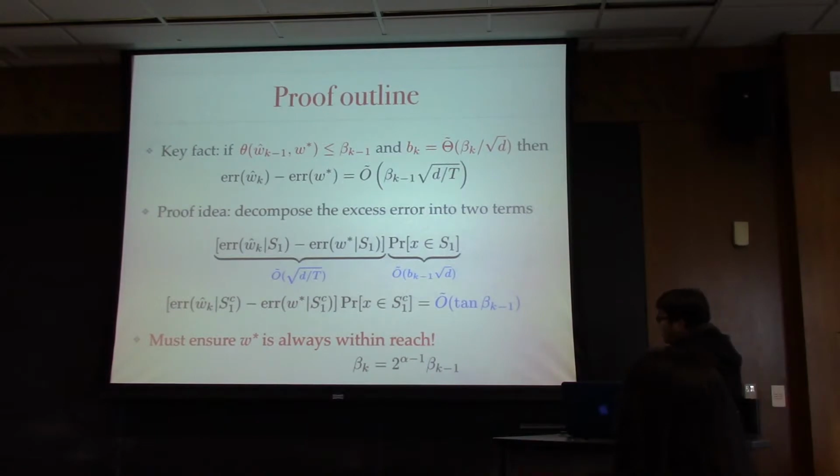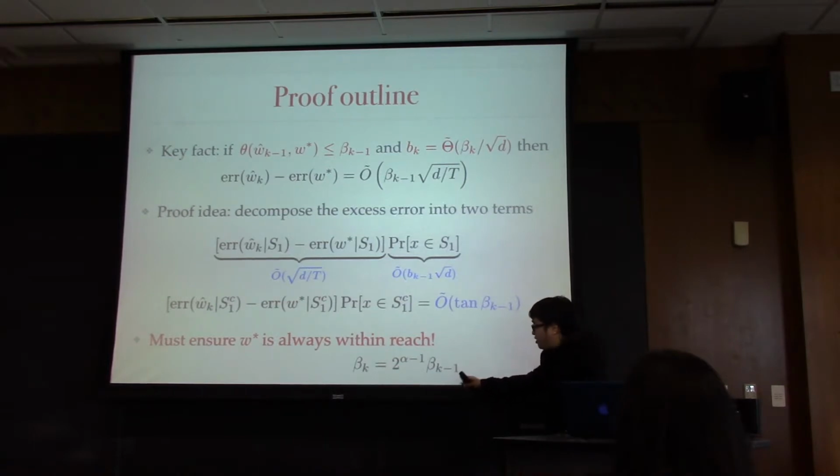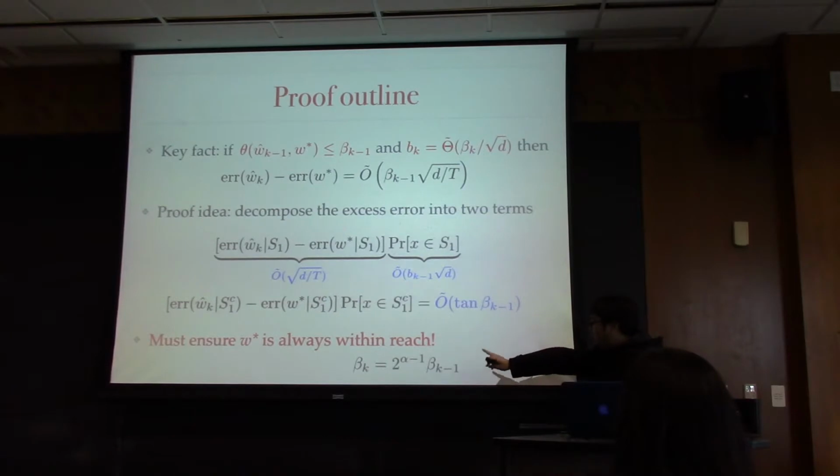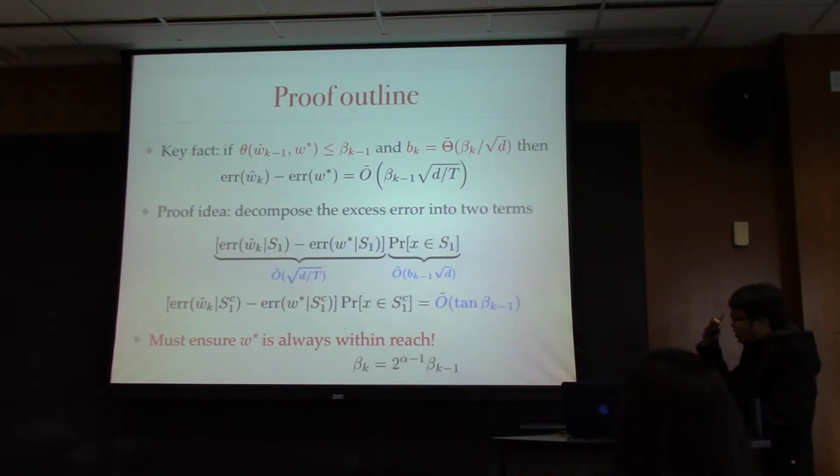So in particular, in the 2007 paper, it is shown that when beta k has a geometric decay and the decay rate is 2 to the alpha minus 1, then I can guarantee that first of all the bound is not loose, and on the other hand, W star is always within the constrained ERM search space with high probability.